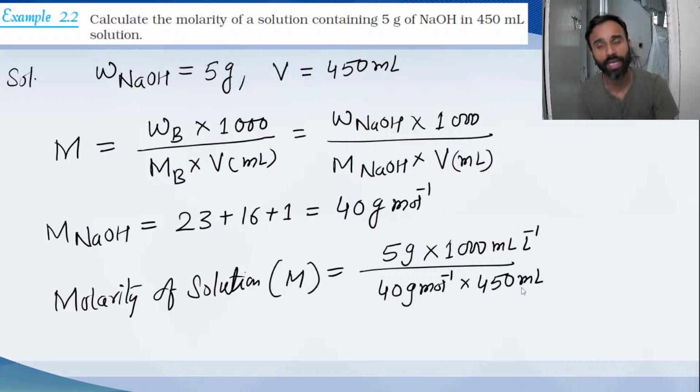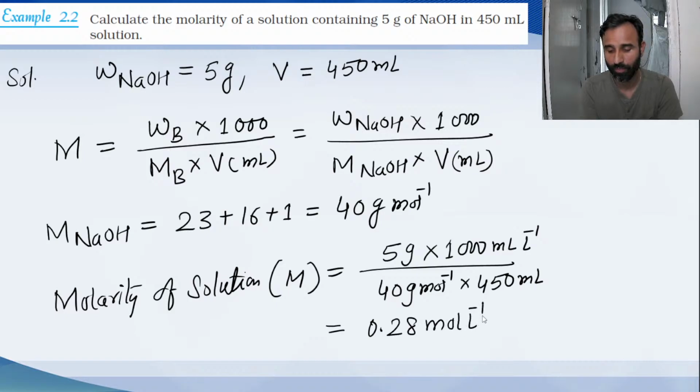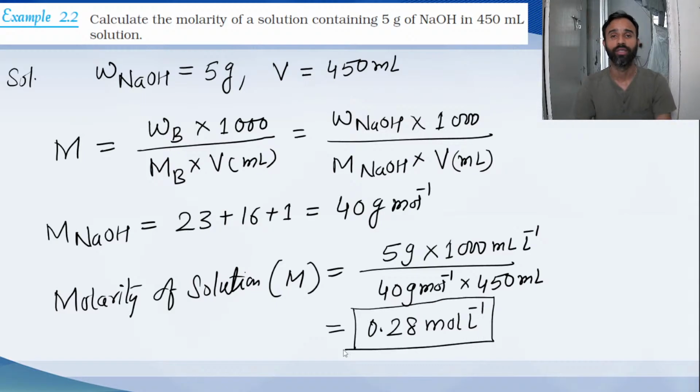So ml cancel, gram cancel, answer becomes mole per liter. So it is equal to 5000 divided by 40 divided by 450. It is 0.28. It is about 0.28 mole per liter. This is the molarity of the solution.